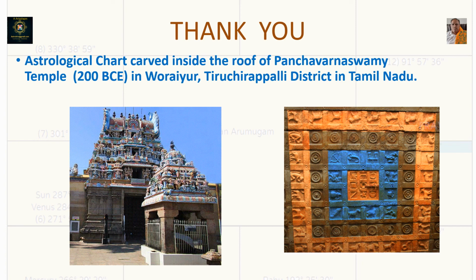The blue color highlighted one is the 12 Rasi chart, and this is carved in the stone under the roof of the temple. So you have to go there, lie down on the floor and look at the roof, and only then can you see this. This is something like 200 BCE, so almost about 2220 years old. That means this astrology is much before that.